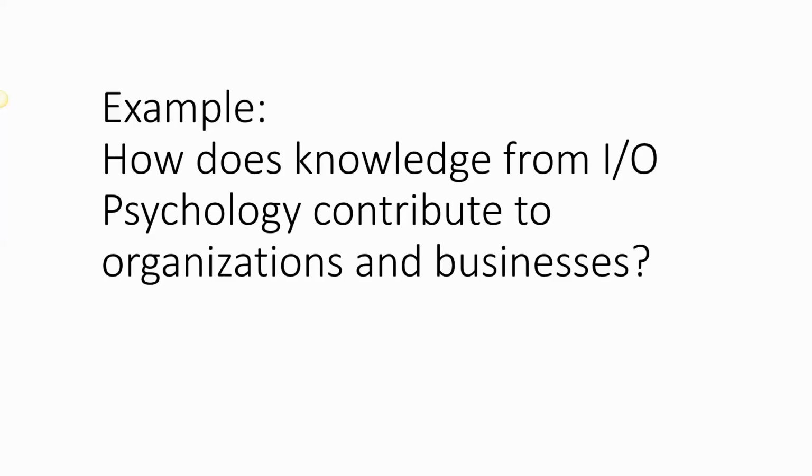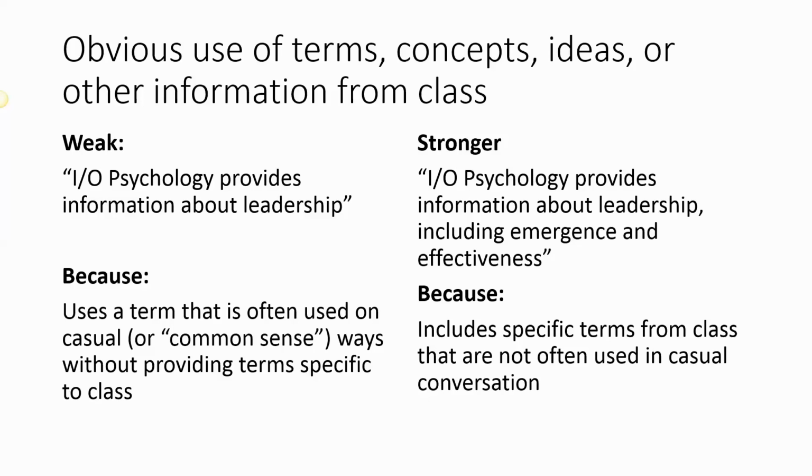So we're going to look at some examples to understand those different parts and what I'll be looking for. If we think about the prompt, how does IO or knowledge from IO psychology contribute to organizations and businesses? The first thing I'm going to look for is obvious use of terms, concepts, ideas, or other information from class. This slide includes a weaker example and a stronger example.